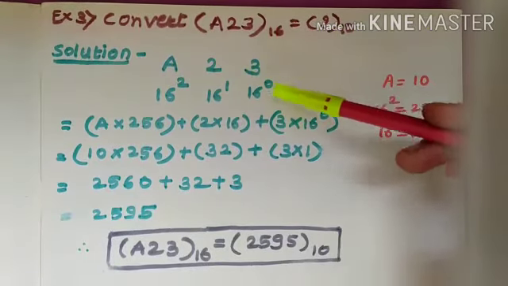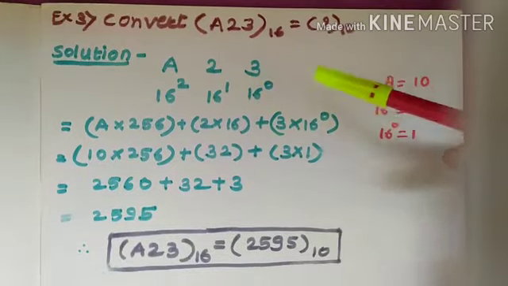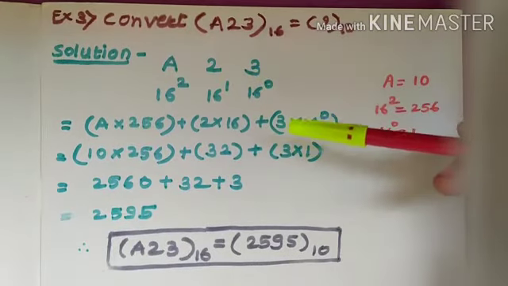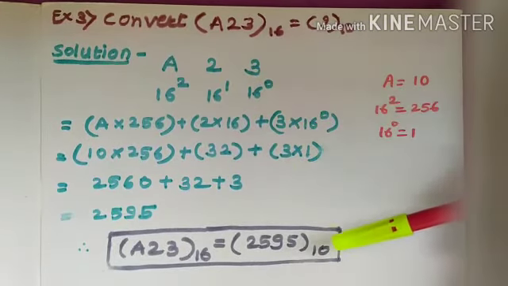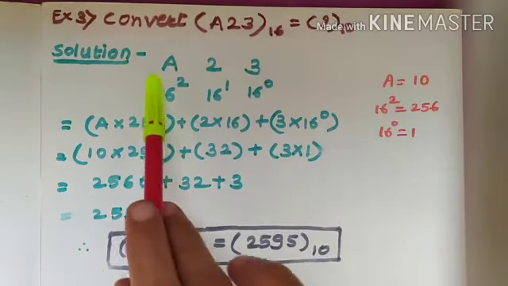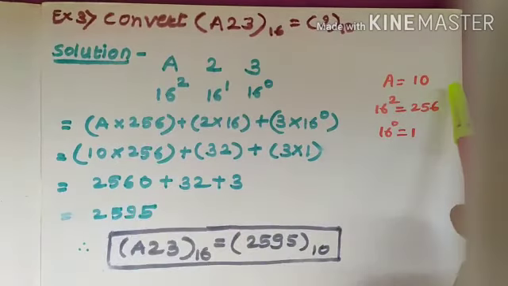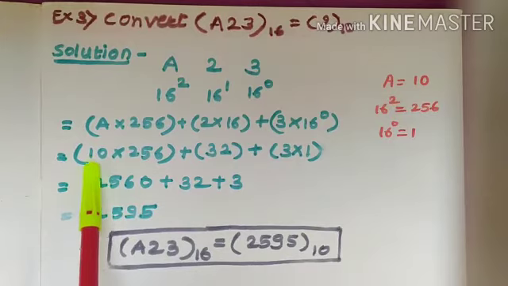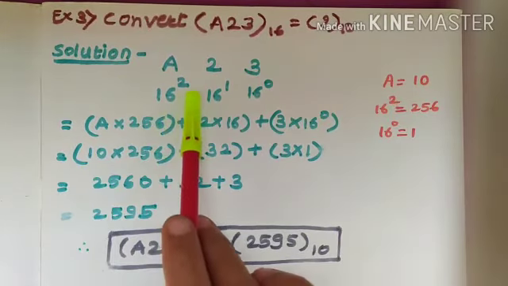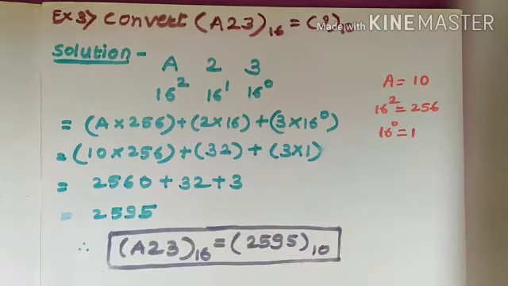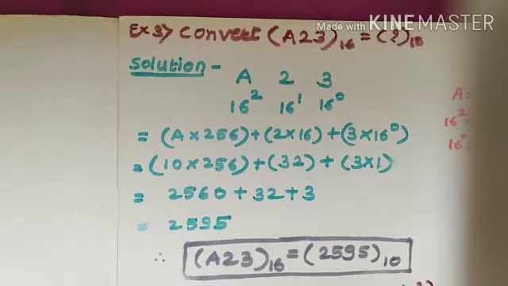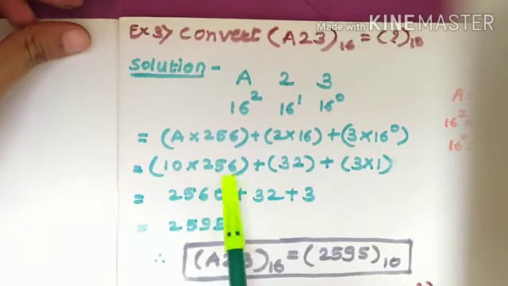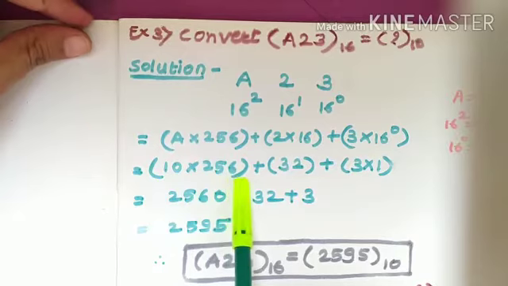Now by writing their equivalent hex weightage, multiply each digit by its respective weightage. See here, as letter A represents 10, I have written 10 here, and we know that 16 raised to 2 is equal to 256. As 16 raised to 2 is equal to 256, 10 is multiplied by 256.